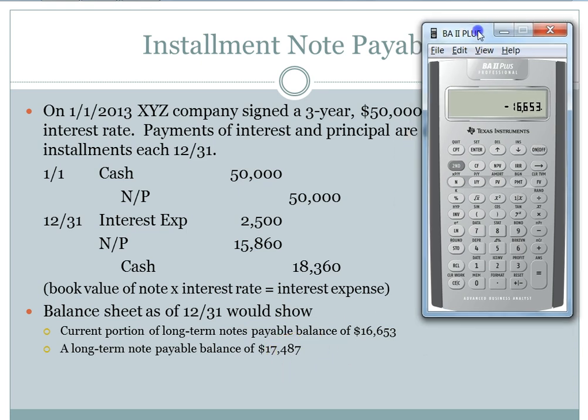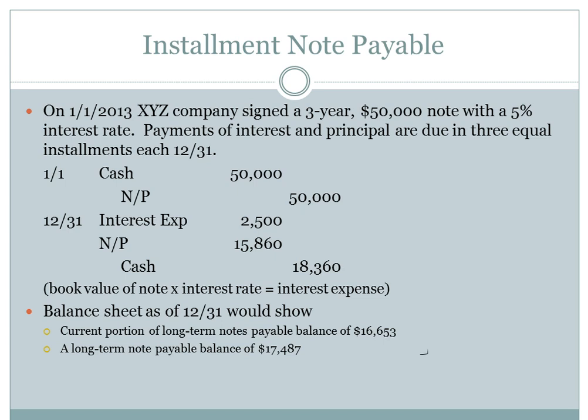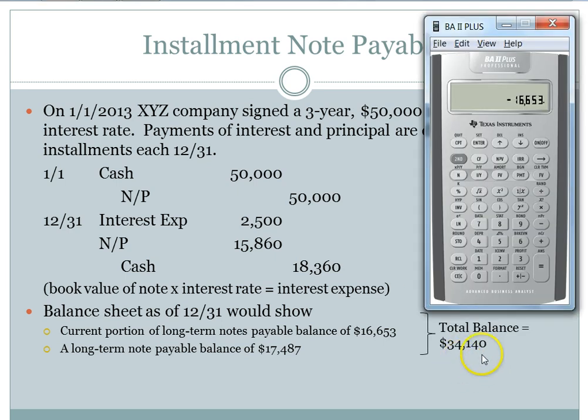That's going to be the long-term portion. The total balance is $34,140. And all I've done here is split up that $34,140 between the current portion and the long-term portion.